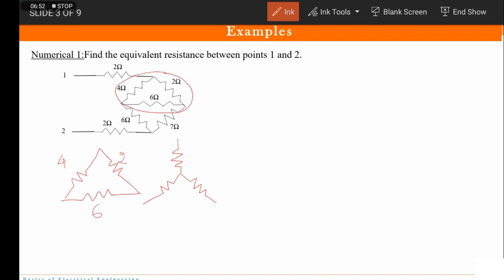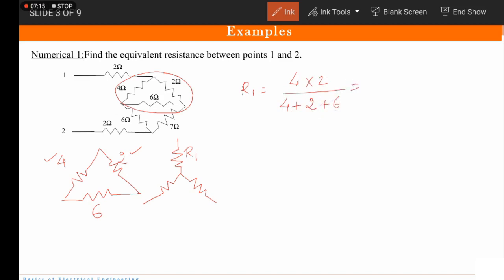Now I have to first calculate R1. How will I calculate R1? I have to multiply the opposite resistances. So R1 will be given by 4 into 2 upon the algebraic sum of all the resistances, which is this.